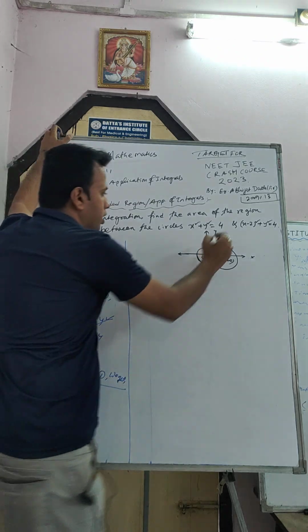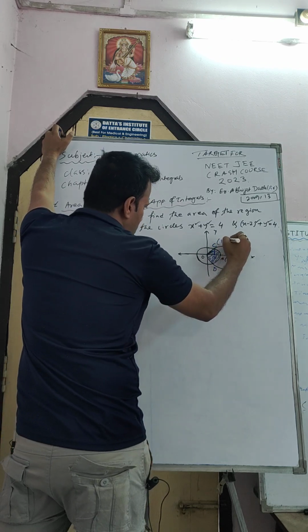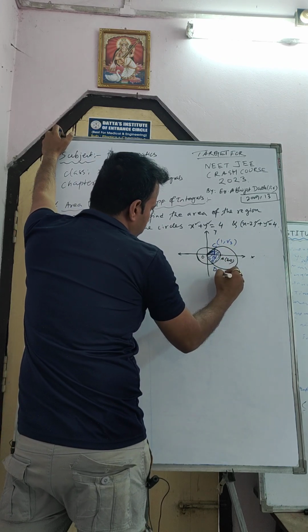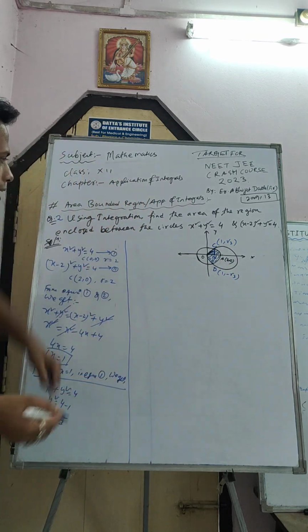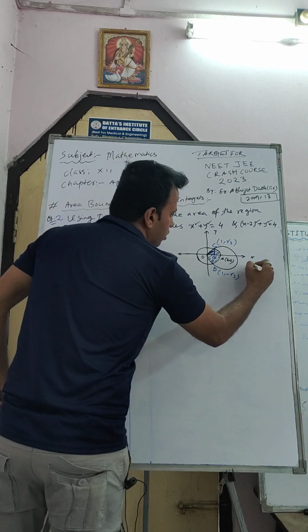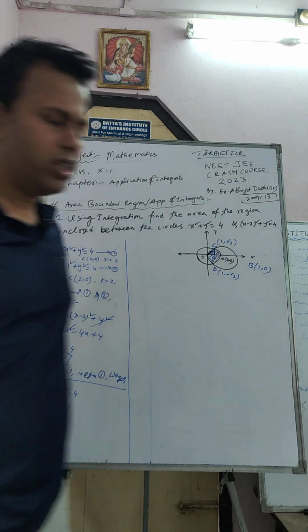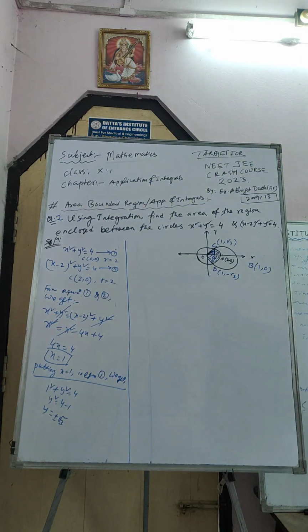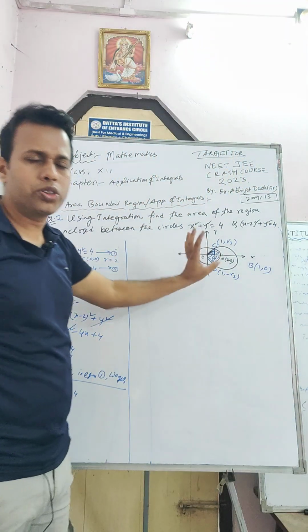That means the coordinate of C will be (1, root 3), and the coordinate of D will be (1, minus root 3), and the coordinate of B is (1, 0).